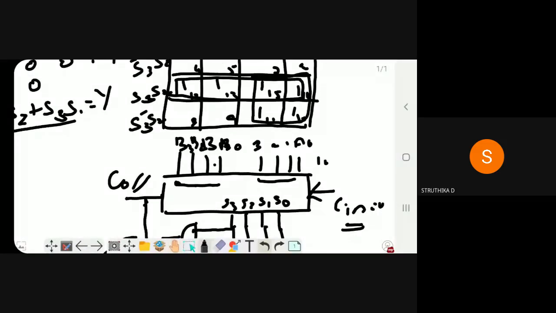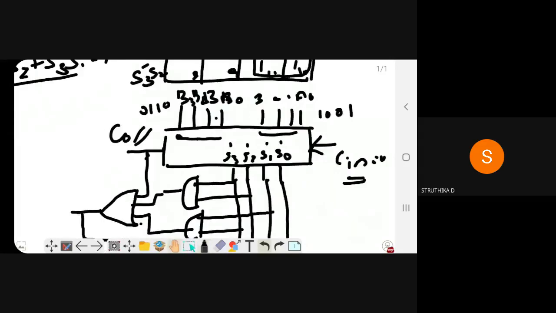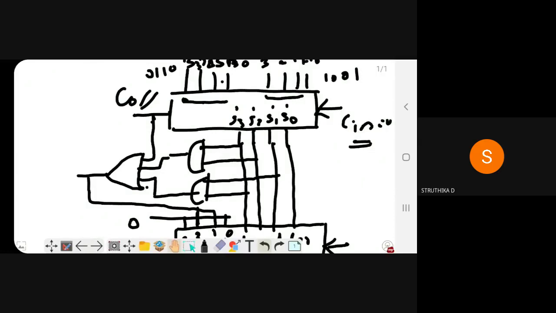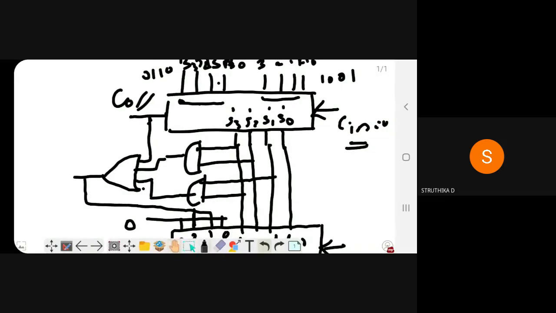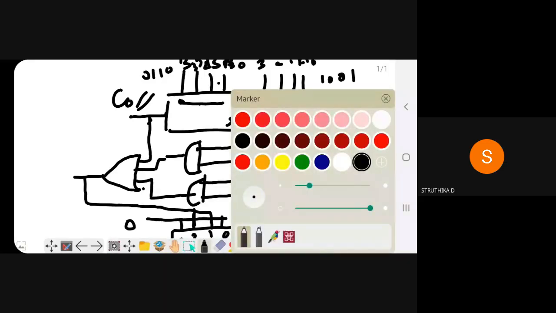Here I want to give 0 1 1 0. Then in the place of S3, S2, S1, S0, I will get the answer as 1 1 1 1. Right? So while going with this circuit, it is connected with S3, so it is having the value 1.